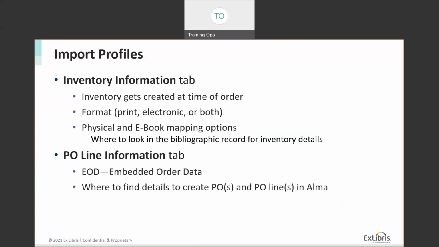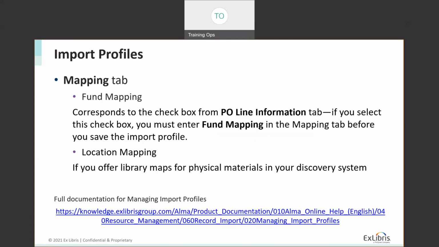The inventory information tab is so Alma knows what to put in the inventory that it's going to create as a result of this purchase order line. And the PO line information tab, that's the embedded order data. Then the mapping tab. I do have a link back to that documentation, but you can also get it right in Alma.